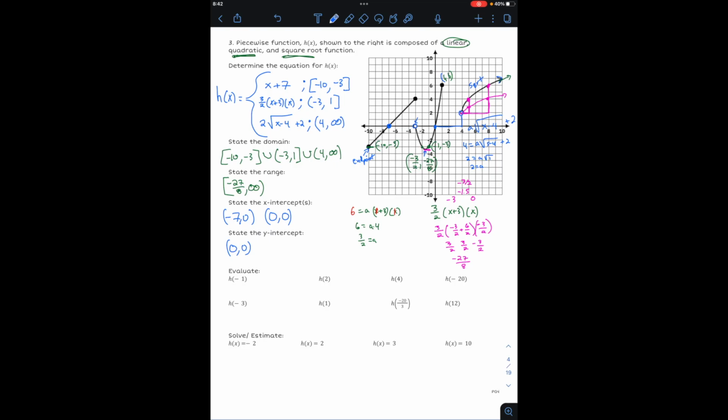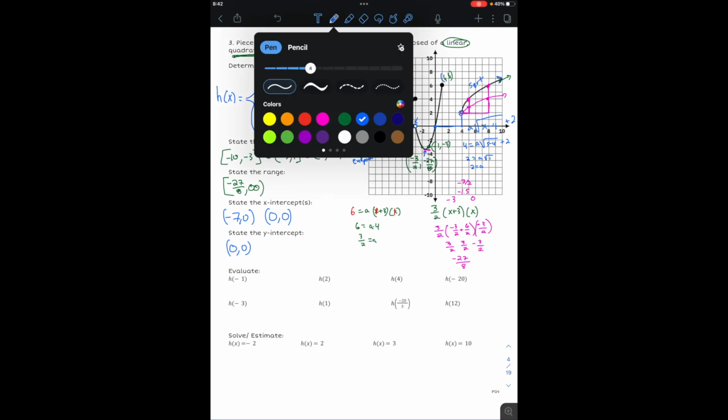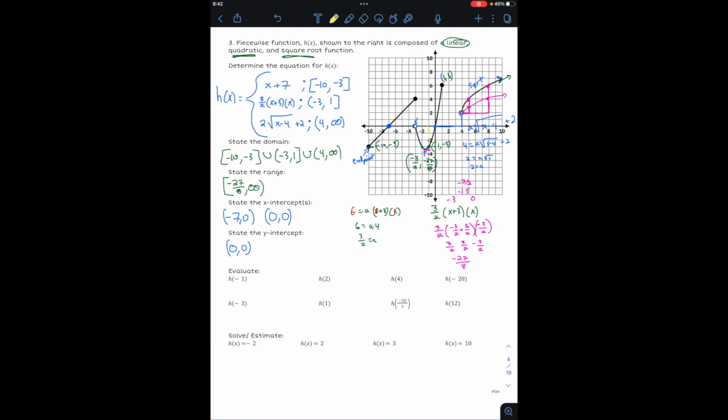So we could use our h of x function to evaluate that, or we can use our graph. I'm just going to use the graph until I can't. So h of -1, plug in -1, we get out -3. Let's keep mixing and matching. Green equals -3. H of 2, we have nothing on h of 2. When we plug in h of 2, there is nothing. The function's not defined there. It's not in its domain.